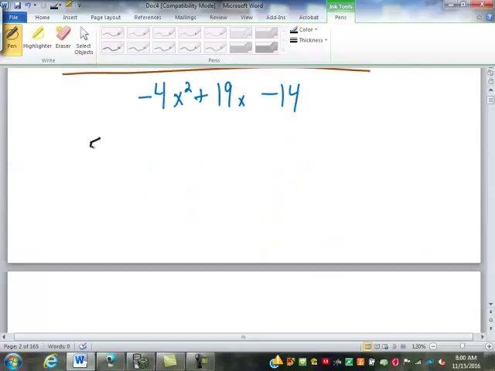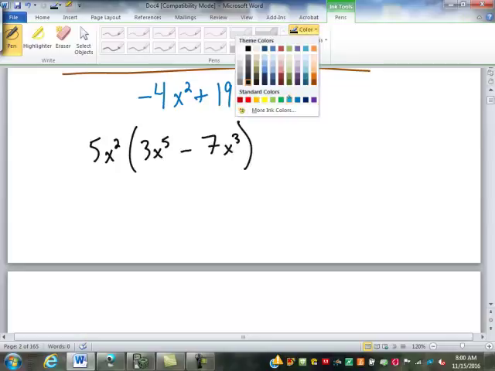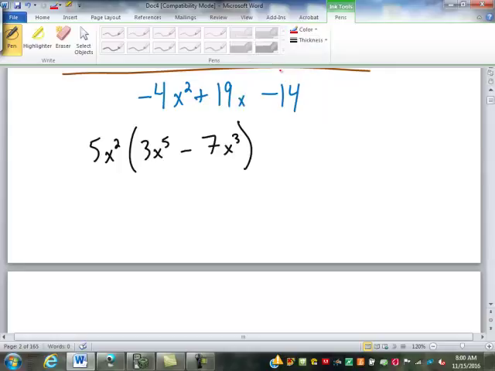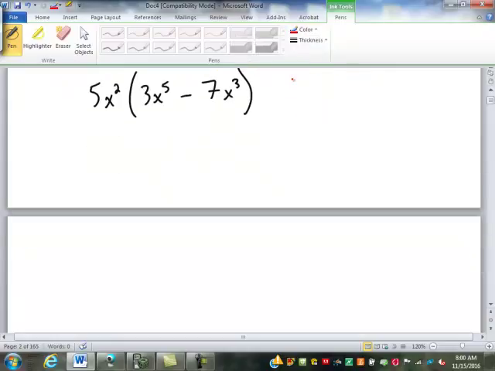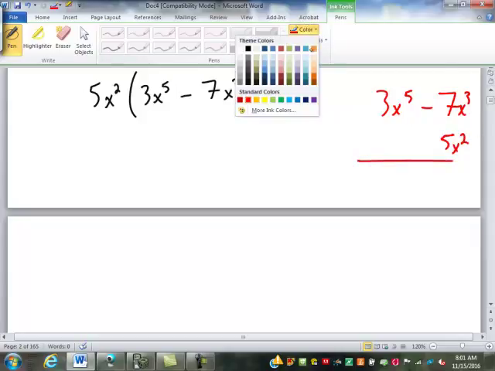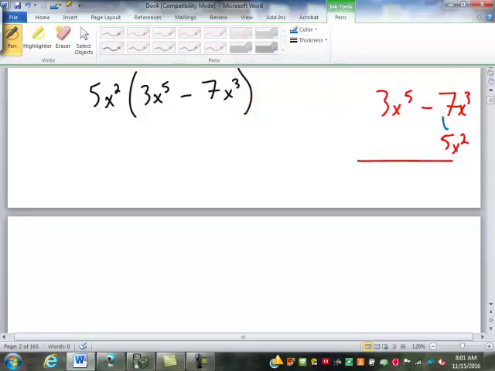We had things like this. Now we looked at two different ways of doing a problem like this. One was to write it out the long way and multiply, just like you would any long multiplication. 5x squared times a negative 7x to the third.